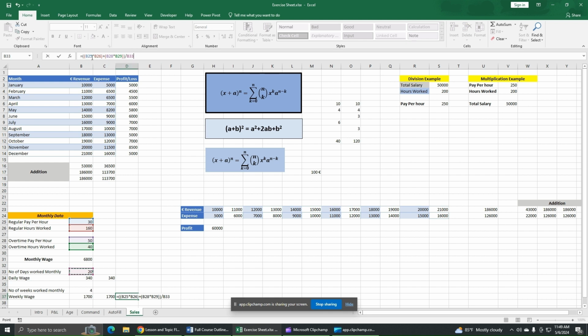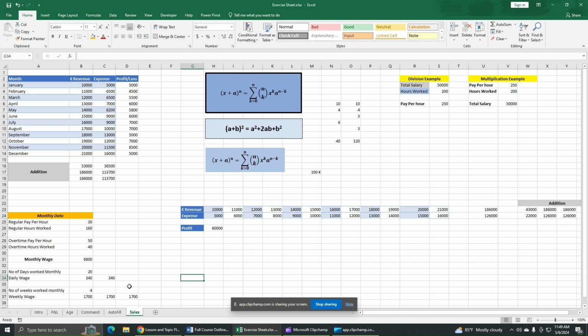So if we multiply the whole thing by 5, we will get the weekly wage. After calculating the entire thing, we have to give an end bracket here and a starting bracket here, then multiply by 5. See, the 1700 appears.